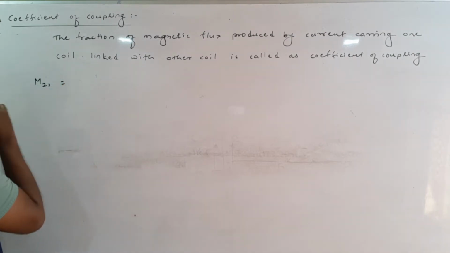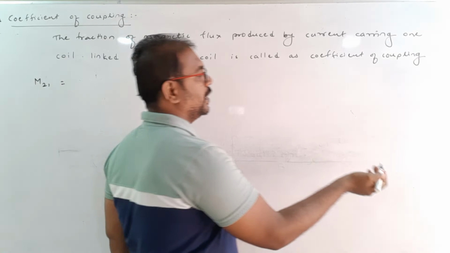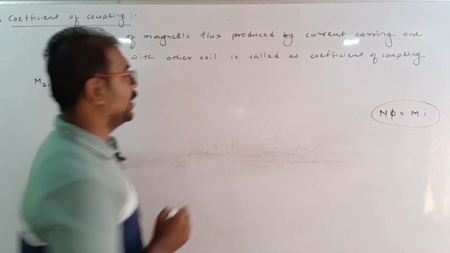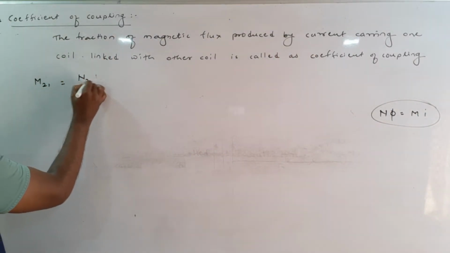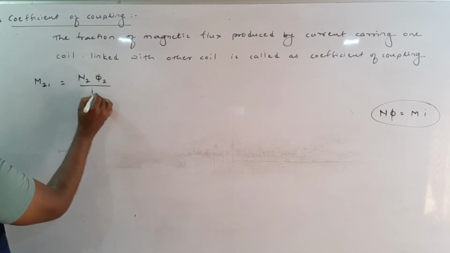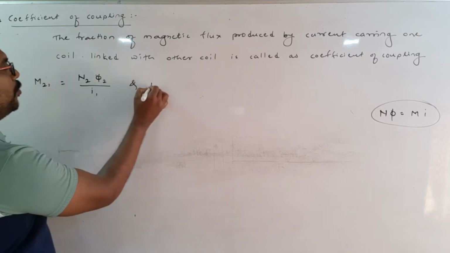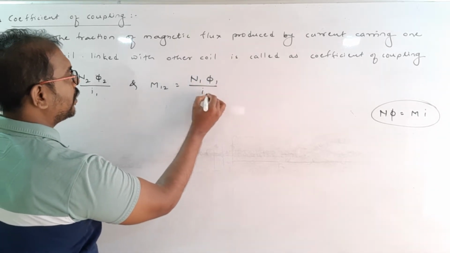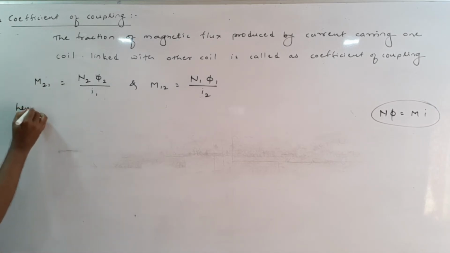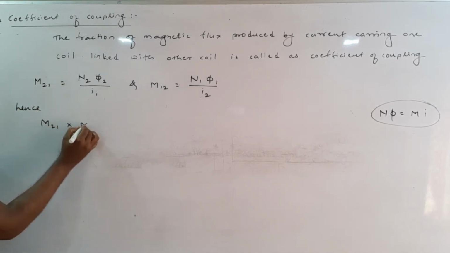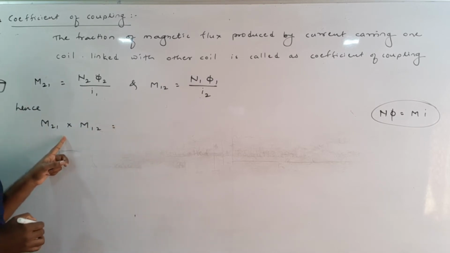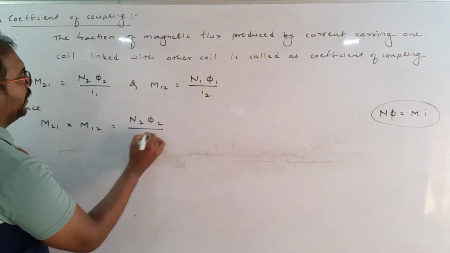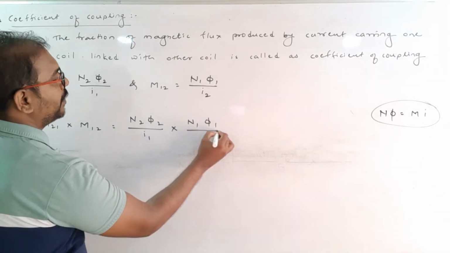It is given by a formula we learned in the previous article: N into phi is equal to M into I. By using this formula we can write M21 equal to N2 phi 2 divided by I1, and the mutual inductance of coil 1 with respect to coil 2 is M12 equal to N1 phi 1 divided by I2. Hence, M21 multiplied by M12 is equal to N2 phi 2 divided by I1 multiplied by N1 phi 1 divided by I2.